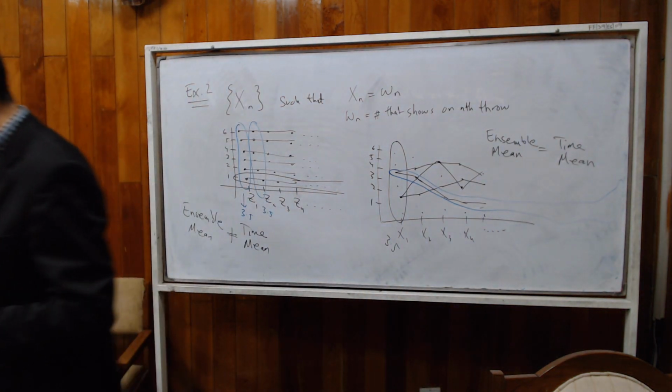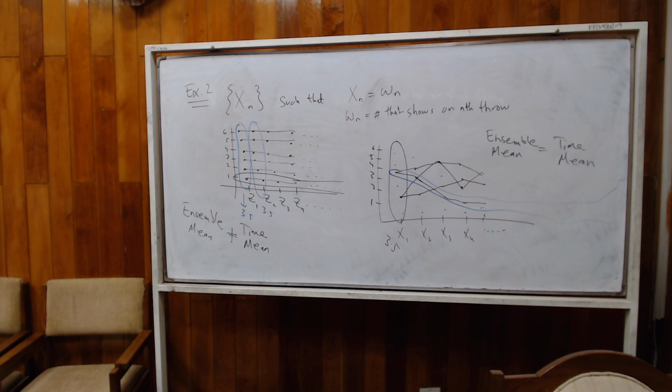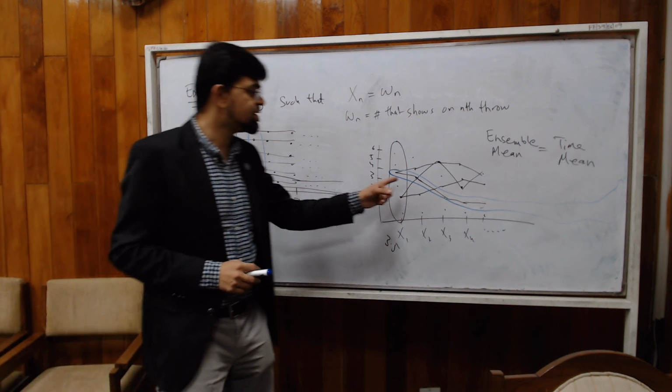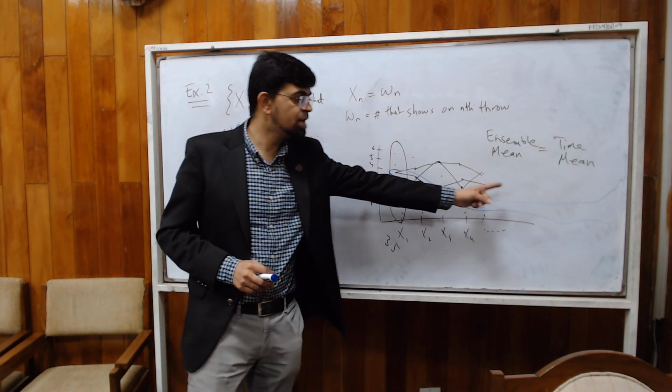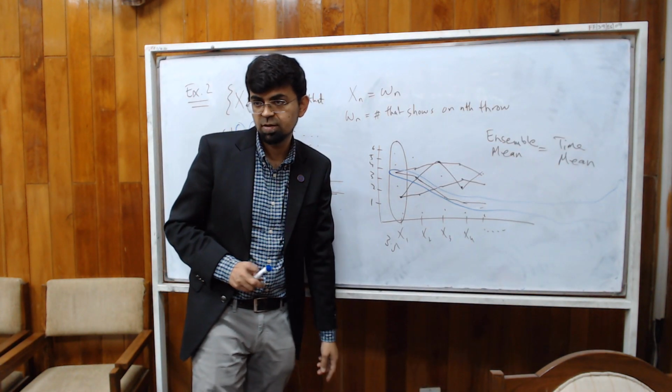In general, when is a process such that its ensemble statistics, in this case the mean or general statistics, would be the same as the time mean? When it has this property that one realization can represent the whole statistics.